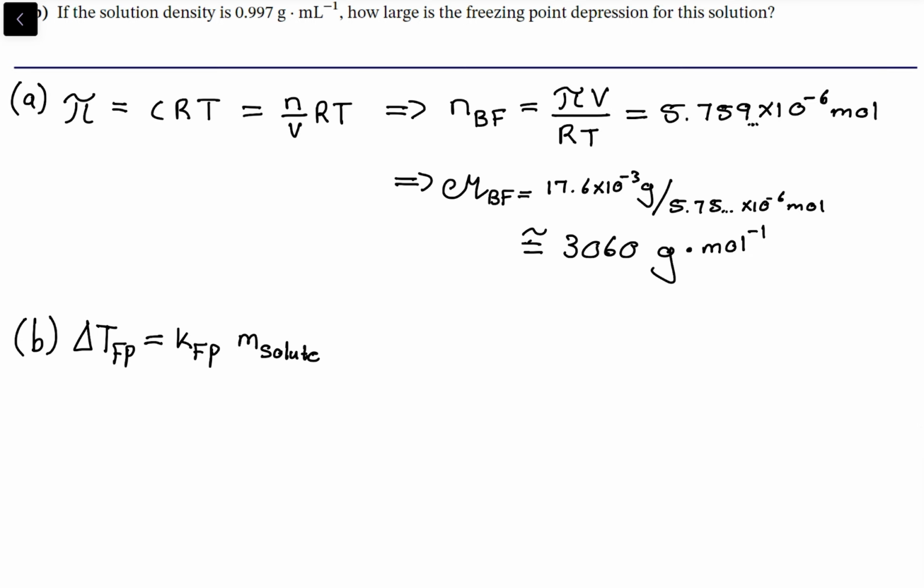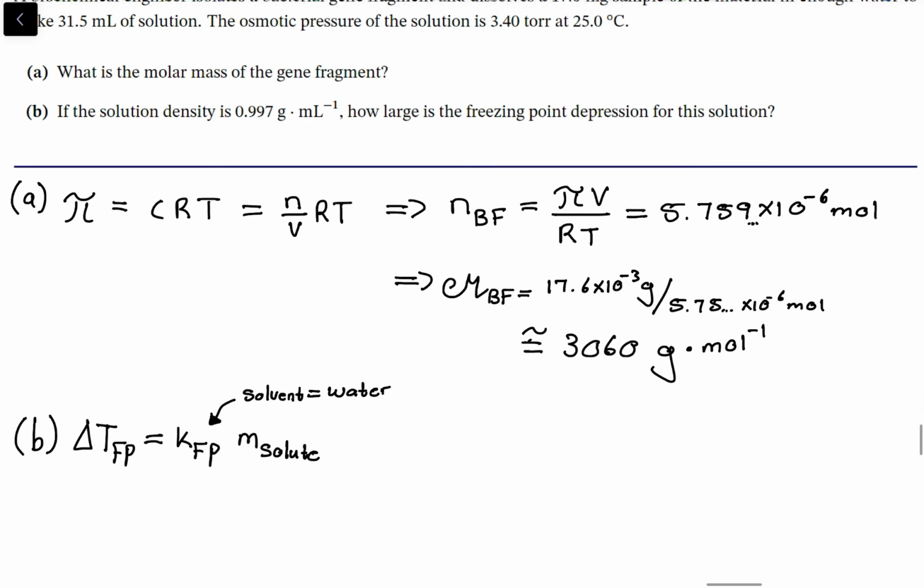So what is K_FP? K_FP has something to do with our solvent. Luckily, nothing with the bacteria, so we don't have to concern ourselves with that. So we know stuff about water. That's something we can look up in a table.